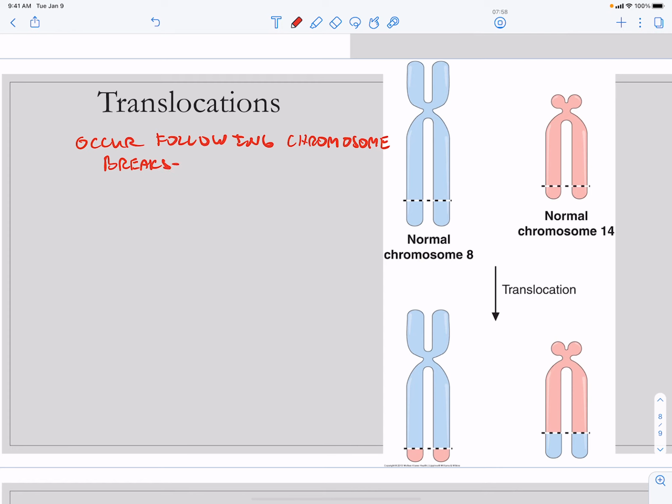These breaks can occur through UV radiation, sunlight, X-rays, carcinogens, and all of these can result in gross chromosomal rearrangements. These are very large.